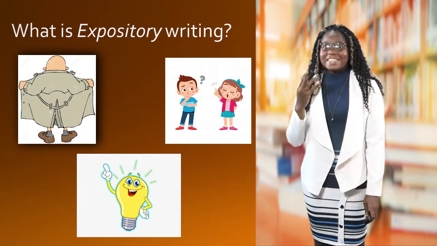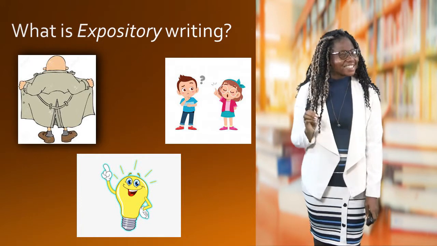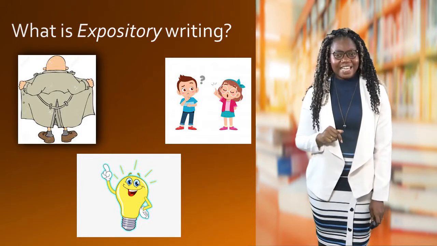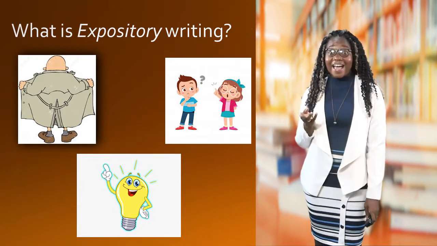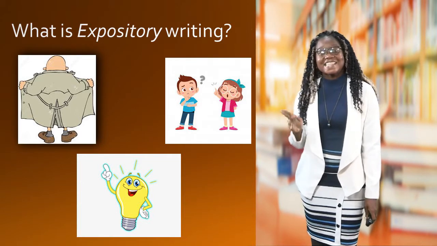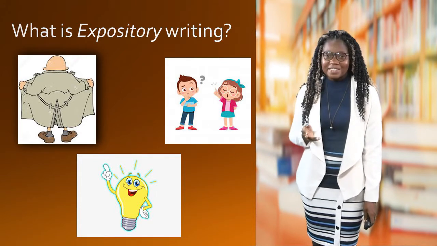So it's illuminating. It's shining light in a dark place. Can there be a piece of writing that explains, exposes, and illuminates? I think so. And this is what expository writing is all about.